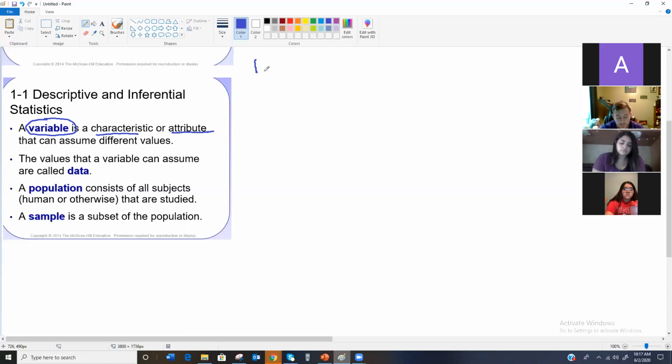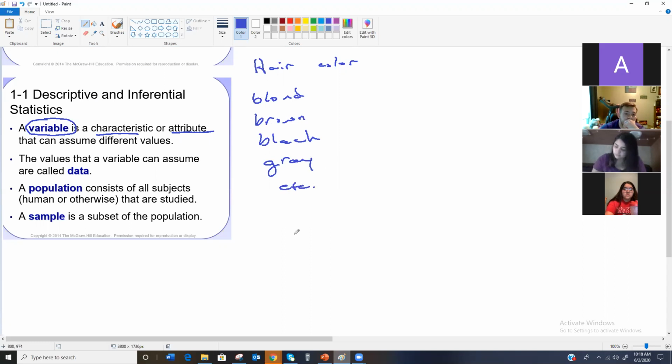So a variable could be hair color. And so the characteristic is what is a person's hair color, and that can assume different values. It could be blonde, or it could be brown, or it could be black, or it could be gray, etc. So all those different colors of hair are the different values that it can assume.